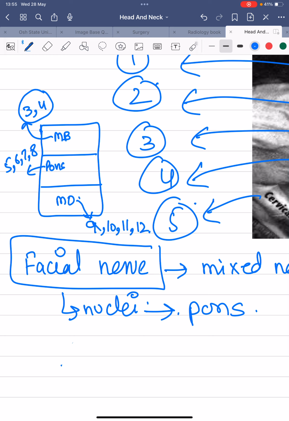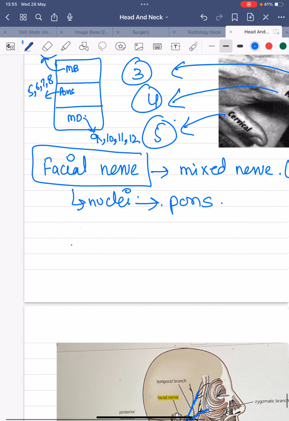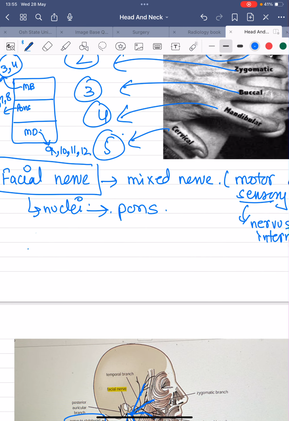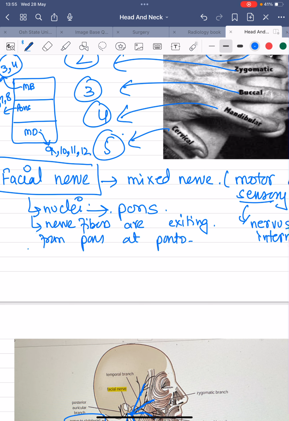So it is a mixed nerve, the nuclei are present in the pons, and the facial nerve fibers are exiting from the pons at the pontomedullary junction.